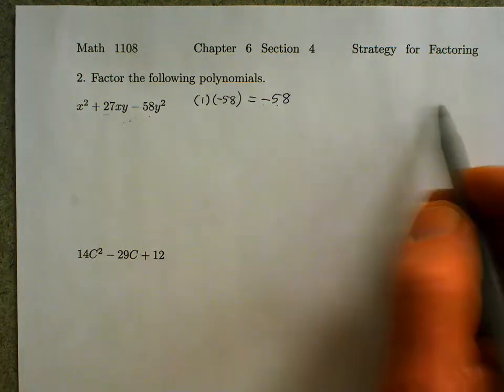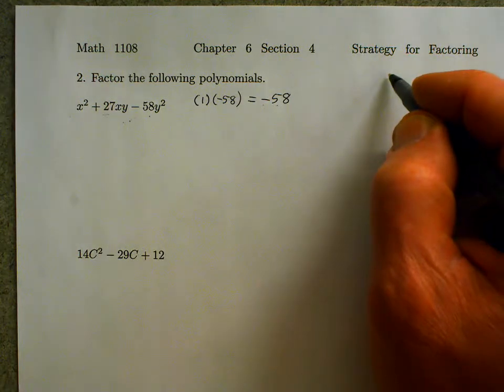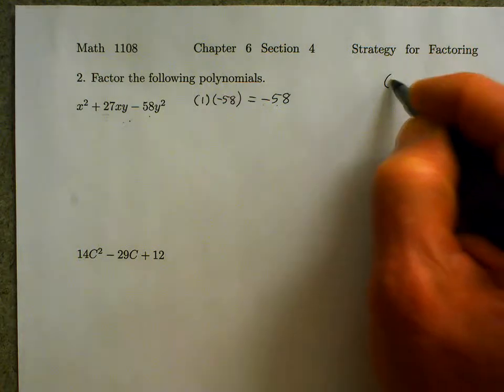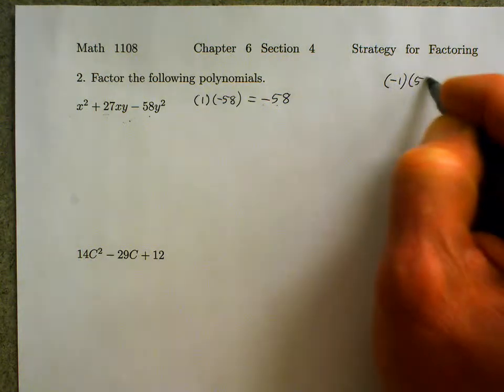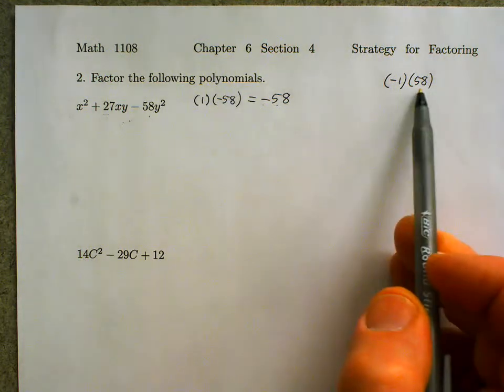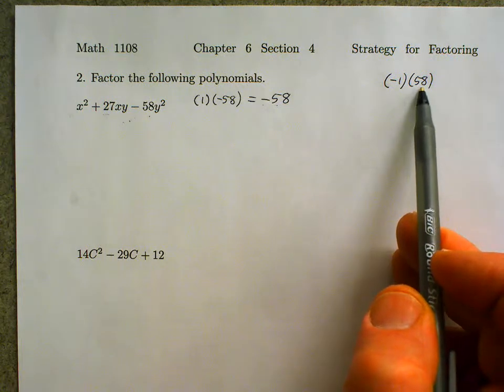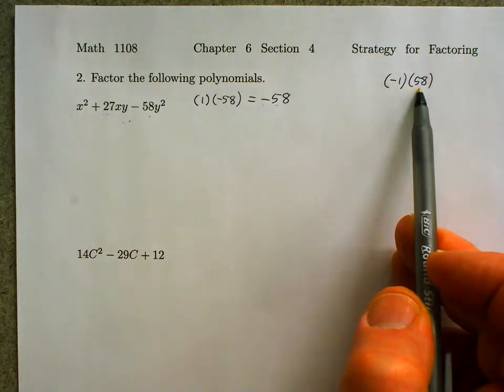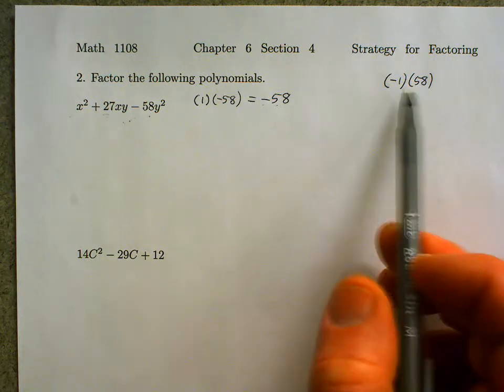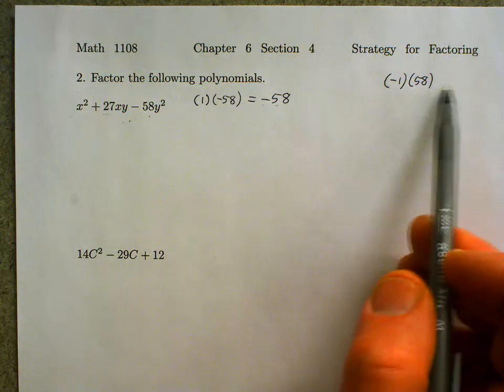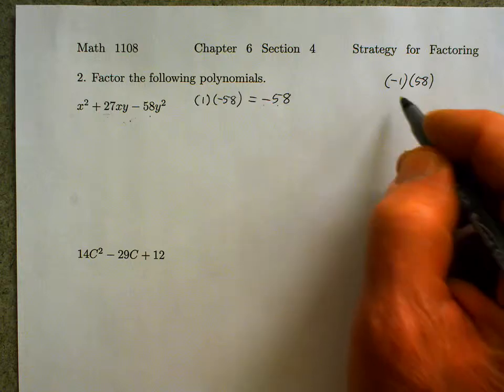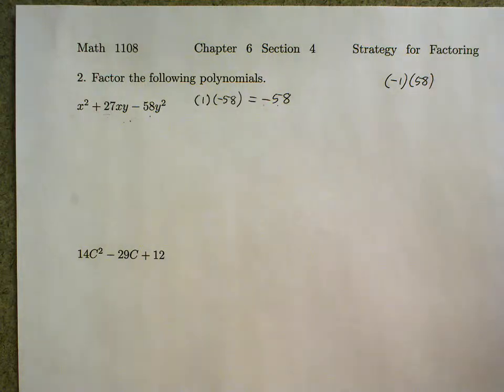So in our systematic approach, our first pair is -1 times 58. We're picking the factor with the largest absolute value to be positive. But -1 plus 58 is positive 57. So the next pair, what's the next pair of integers in our systematic approach?